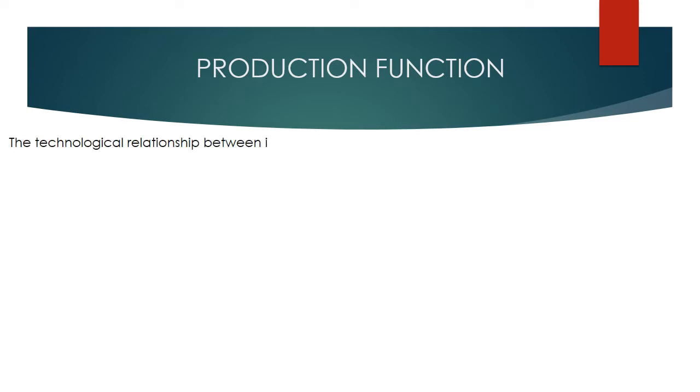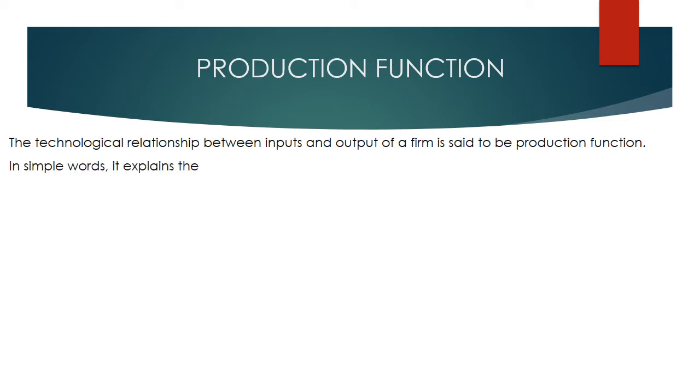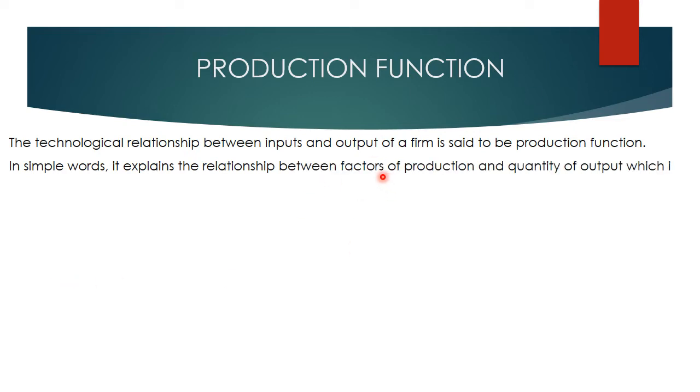The technological relationship between inputs and output of a firm is said to be production function. In simple words, it explains the relationship between factors of production and quantity of output, which is technical in nature.